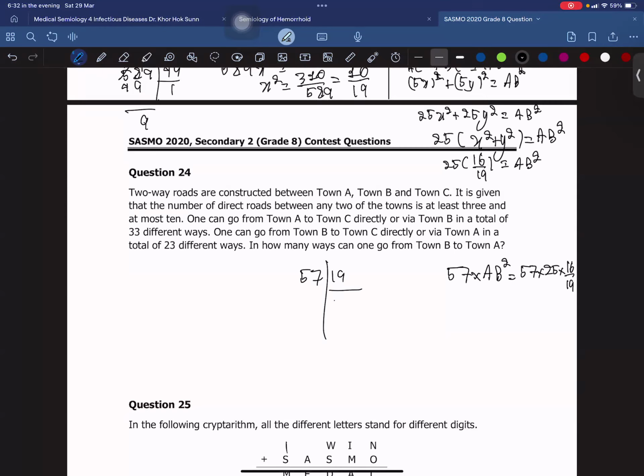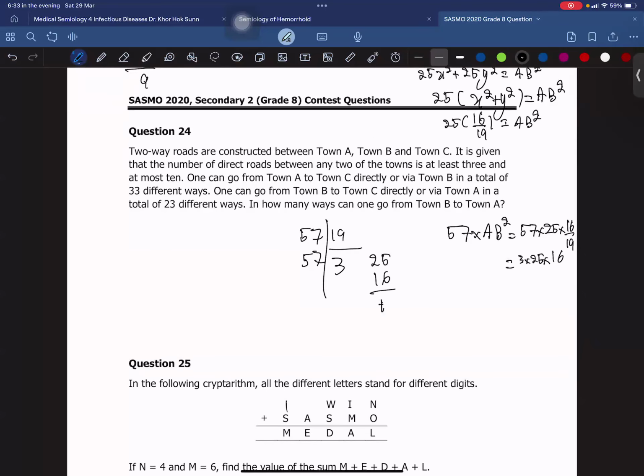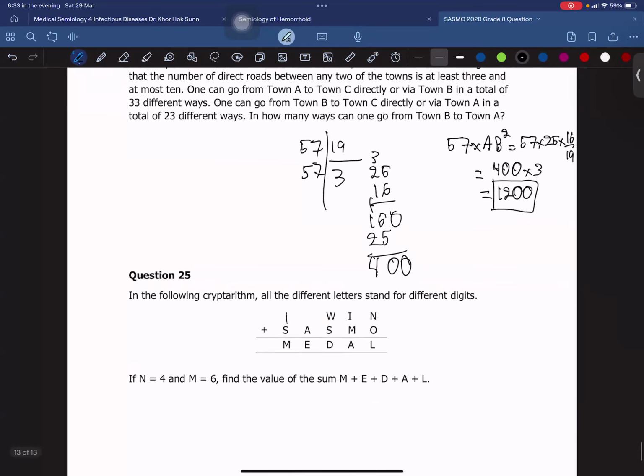So we're gonna have 3 times 25 times 16, and 25 times 16 equal to 400. So 400 times 3 equal to 1,200, which is our answer.